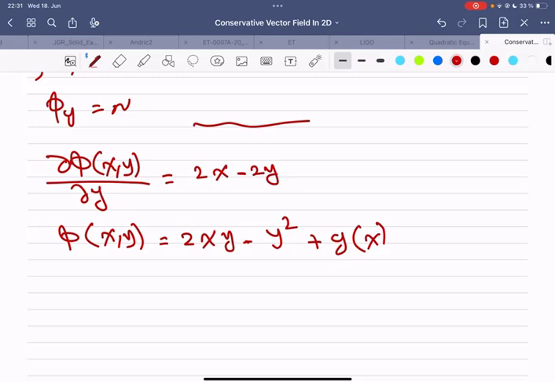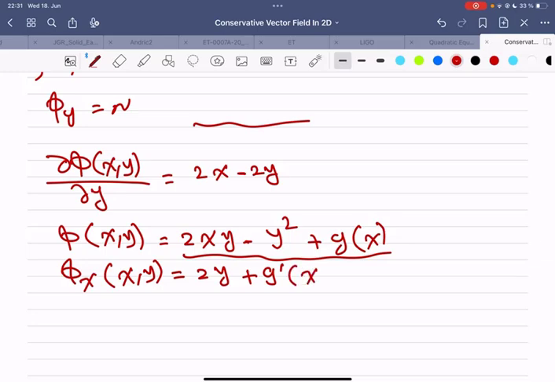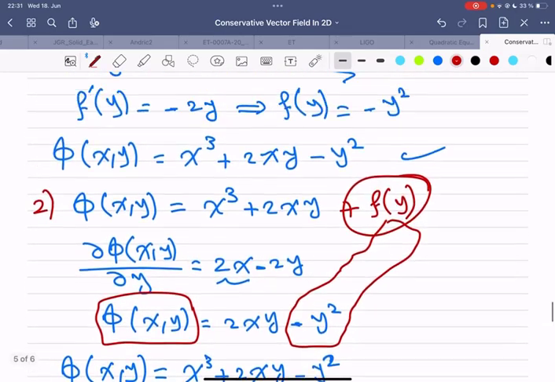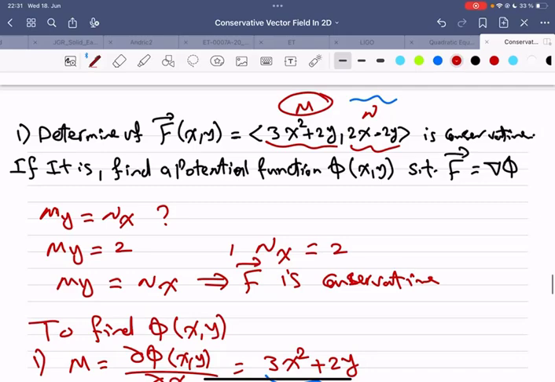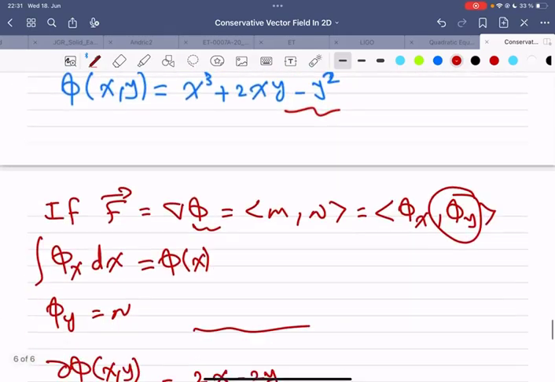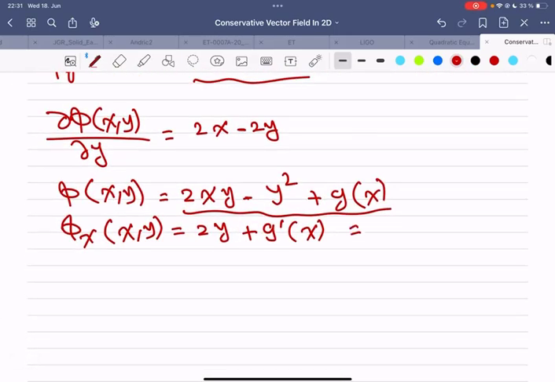And then phi x equals, differentiate this according to x, so it will be 2y plus g dash x, which is 3x squared plus 2y.